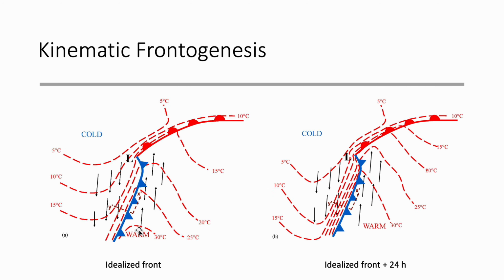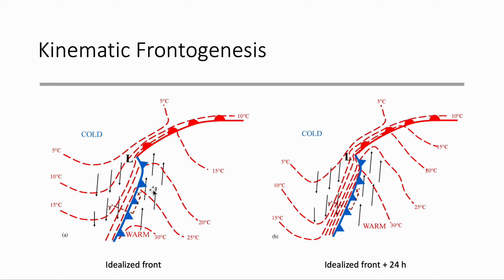Now let's examine u. U is the wind along the front, and here we're assuming that u is blowing in this direction, and here it's blowing in this direction. So this causes warm advection over here and cold advection over here. So what do you think the wind will do to these isotherms? The wind is going to push warmer and warmer air in this direction and colder air down here. So it will cause a packing up of the isotherms more and more and more. So you can see that intuitively this is going to cause a strengthening of the front.